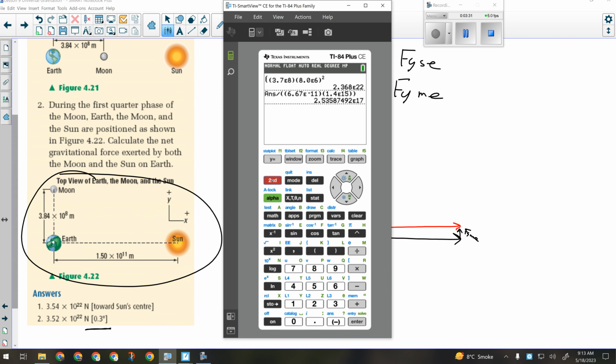So square root of bracket, bracket, 3.53 times 10 to the 22, squared, plus 1.99 times 10 to the 20, squared.